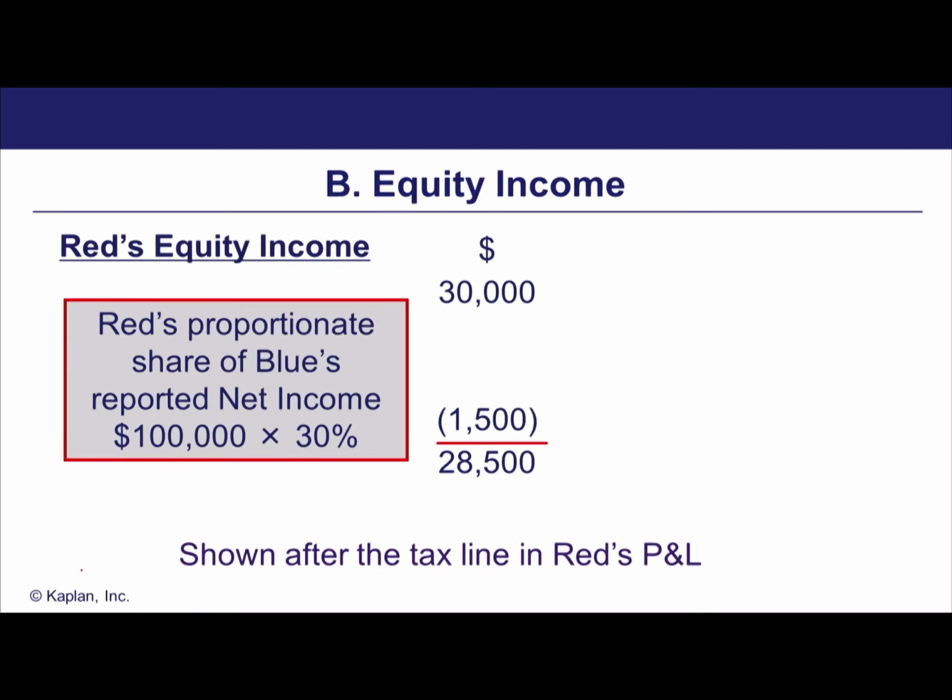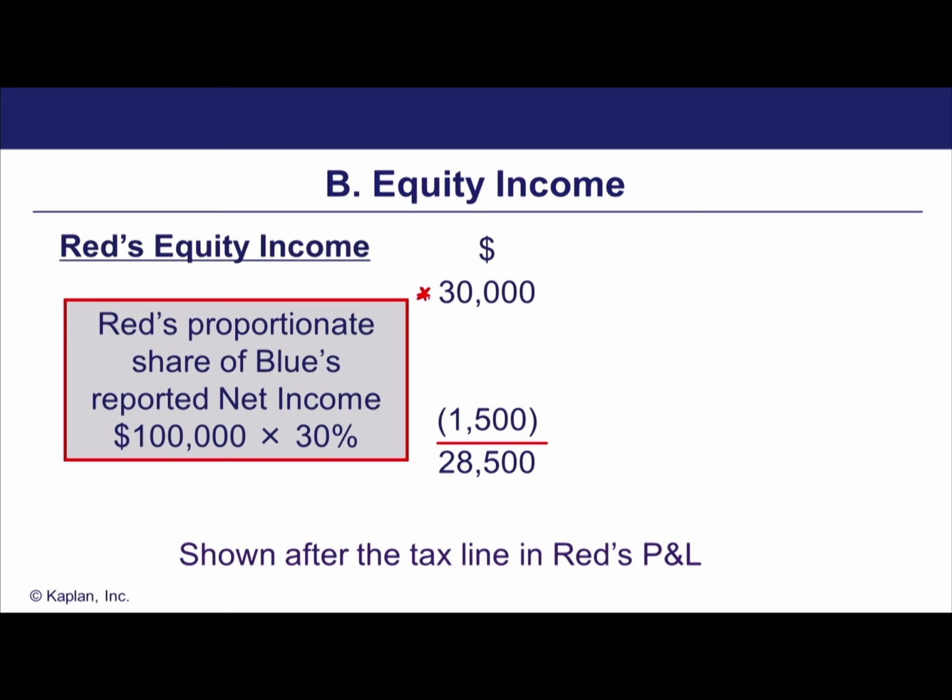Let's turn our attention to the income statement, essentially. Now, of course, first of all, we bring in our share of its net income. We were told that it generates net income of 100,000. So our share of 100,000, 100,000 times 30%, gives us our 30,000 figure. But remember, we made a fair market value adjustment to the PP&E at the date of acquisition. We essentially increased our PP&E by 50,000.